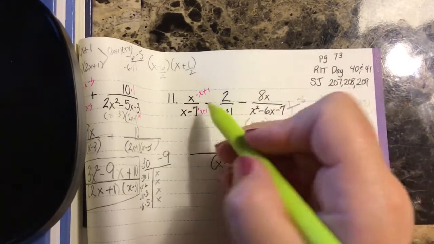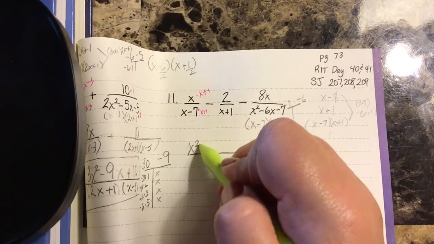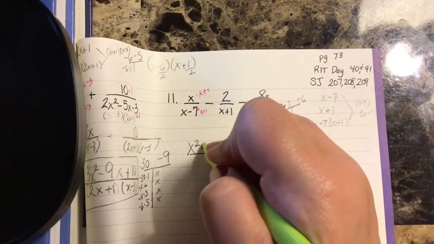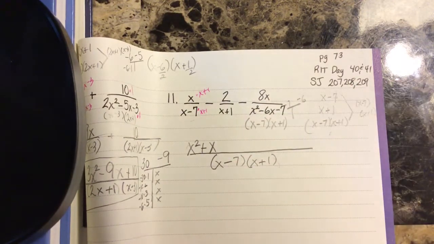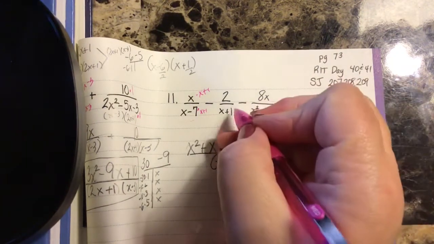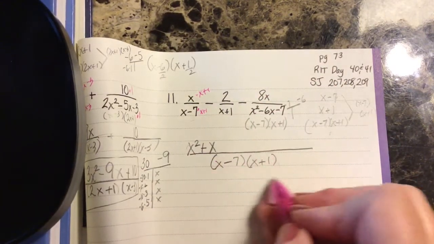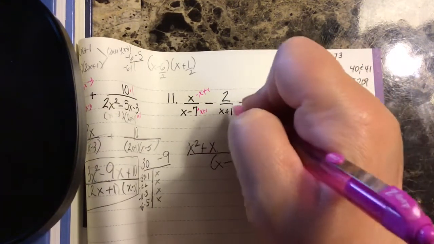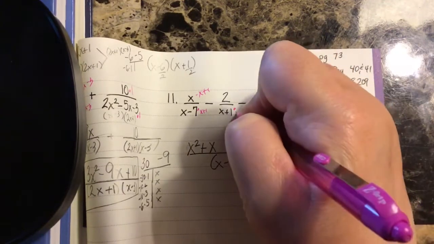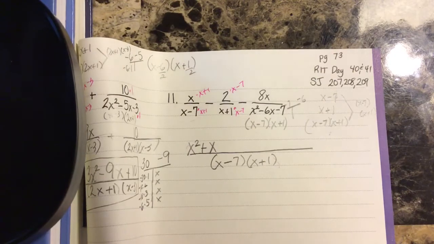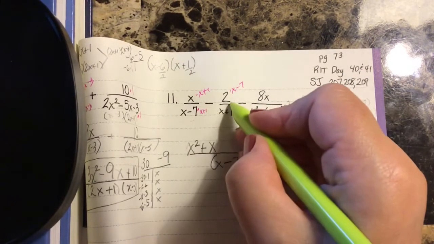So distribute. X times x is x squared. X times 1 is positive x. Then you would ask yourself, how would you transform the second denominator into the new denominator? Well, you're going to multiply by x minus 7. Now, I want you to notice that you're going to distribute negative 2.